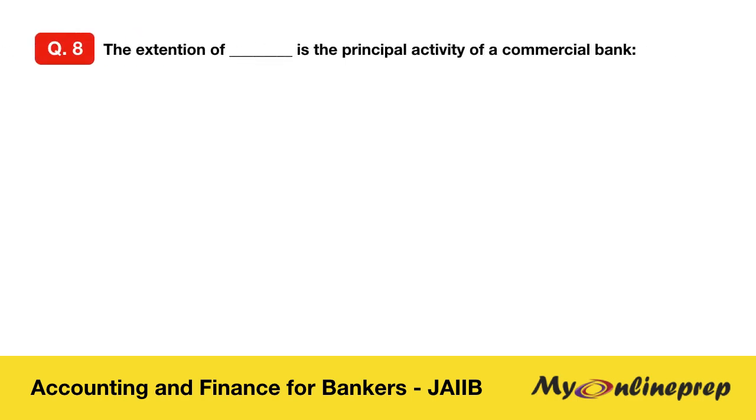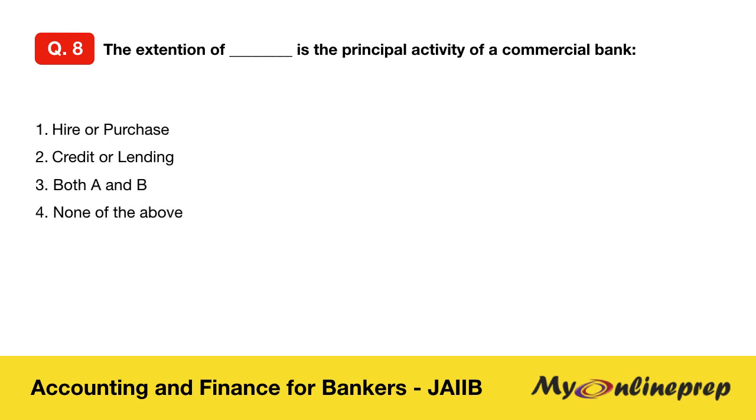Question number 8. The extension of dash is the principal activity of a commercial bank. The options are hire or purchase, credit or lending, both credit and lending and hire or purchase, or none of the above. And the answer is credit or lending.